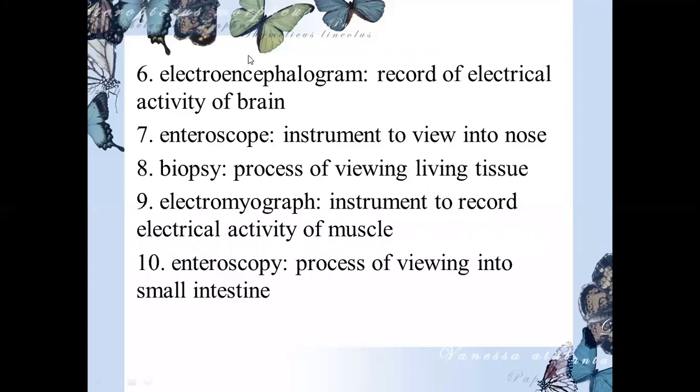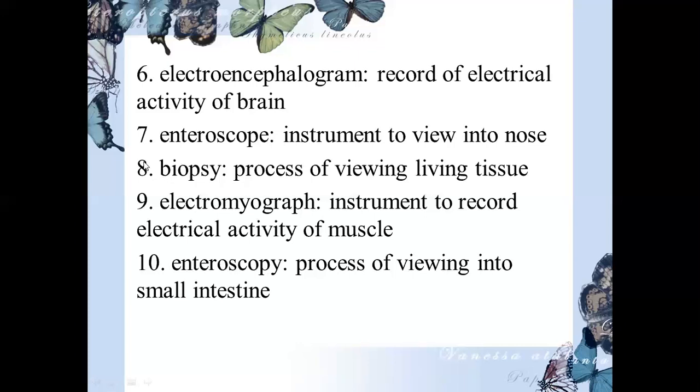When the two combining forms join together, the combining vowel in the first combining form is not omitted. And the last one, gram, is a suffix meaning record or image. So this whole word means record of electrical activity of brain.